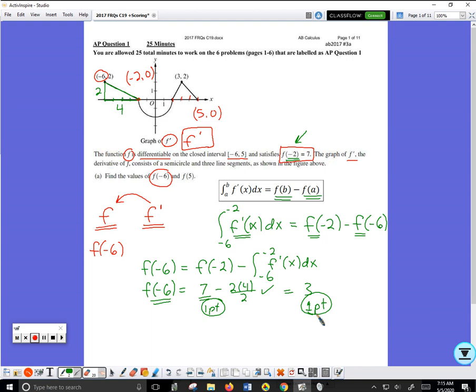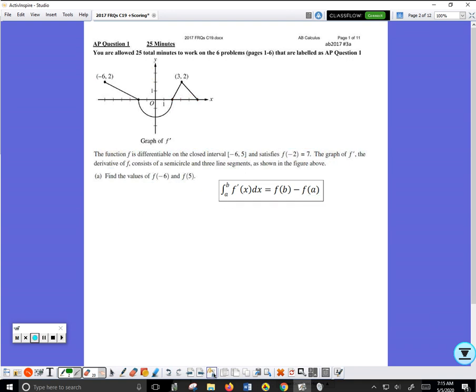To find f of 5, exactly the same process. So I'm going to copy this page over. I'll have, let's see, the integral from, this time I'm going to start at x equal negative 2, go to 5.